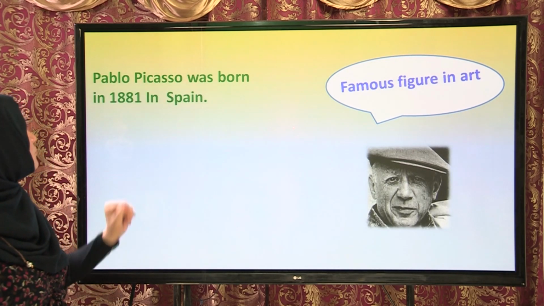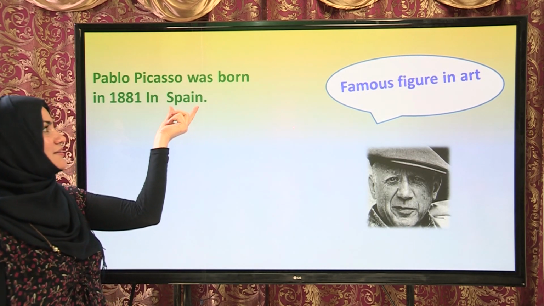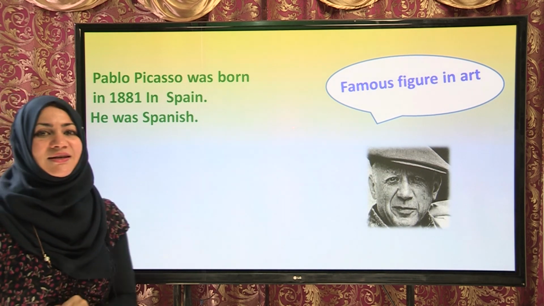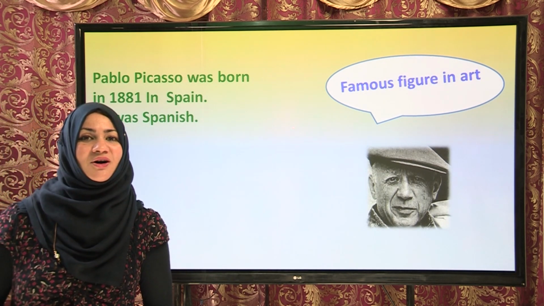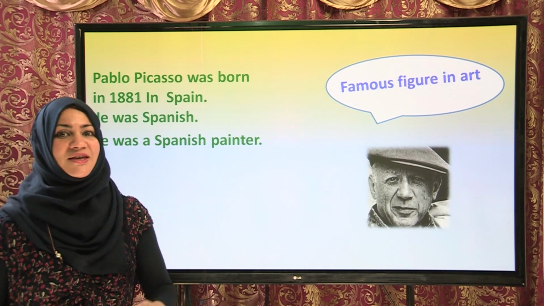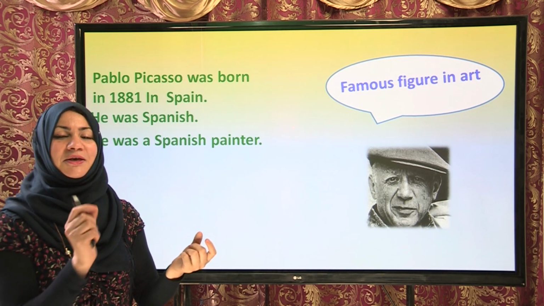Pablo Picasso was born in 1881 in Spain. The second information: he was Spanish. His nationality was Spanish. He was a Spanish painter. You see here, painter. He drew, he paints.